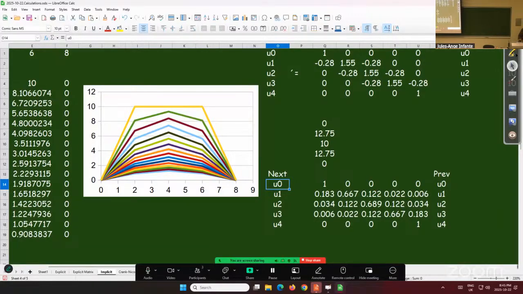And the Crank-Nicholson is literally the average between both. You take the explicit and the implicit, and you average them, you get Crank-Nicholson. That's why rho is R over 2, right?